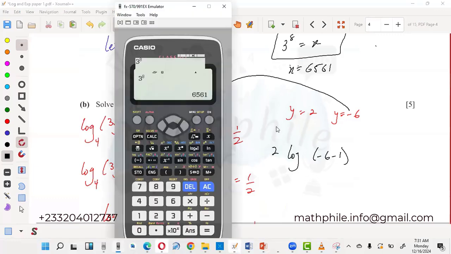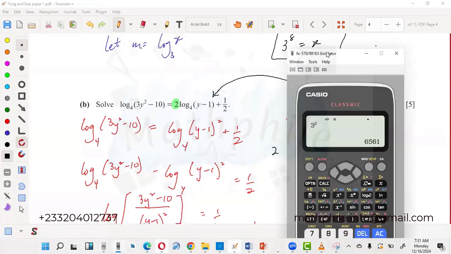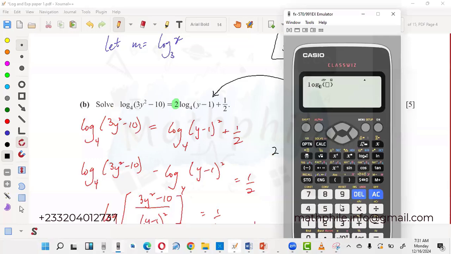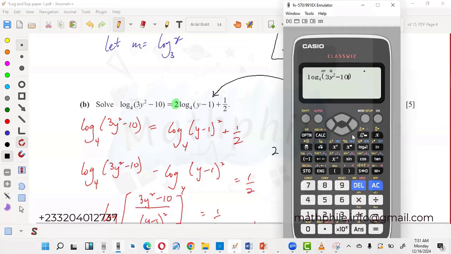Or if you like, you can basically use the calculator to do all the checking. So we write the question again on the calculator: log to the base of 4 of (3y squared minus 10), then I move the other one to the other side, I just leave the number, so minus 2 log to the base 4 of (y minus 1).